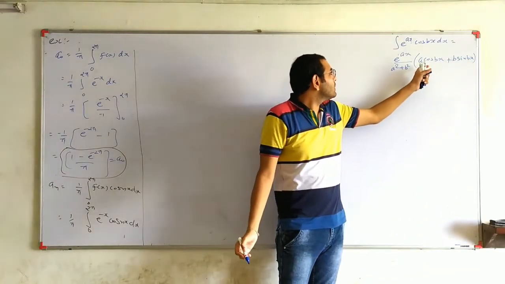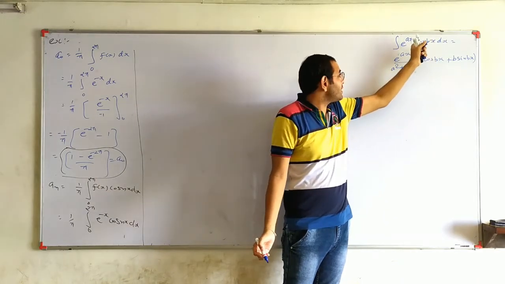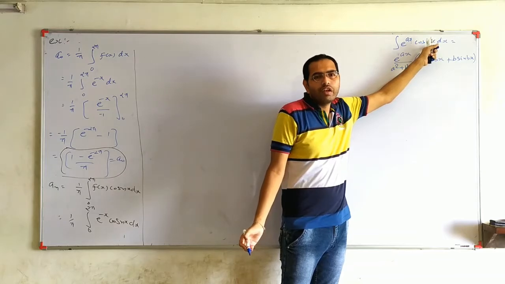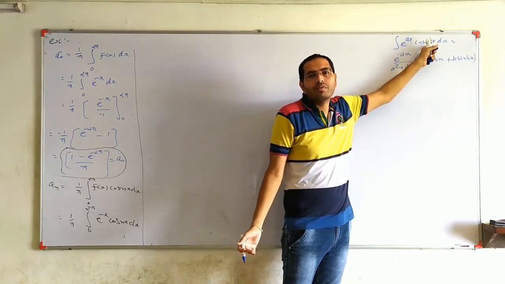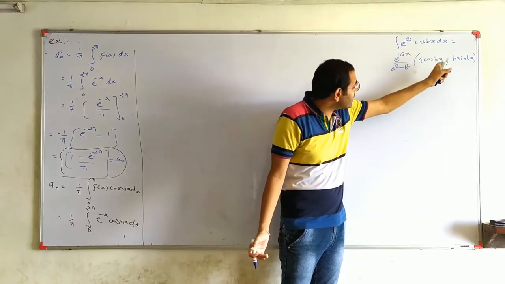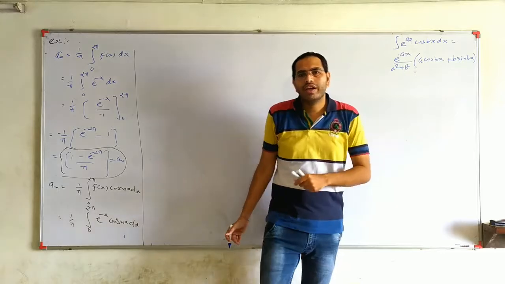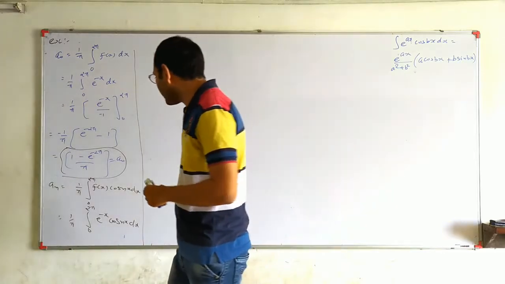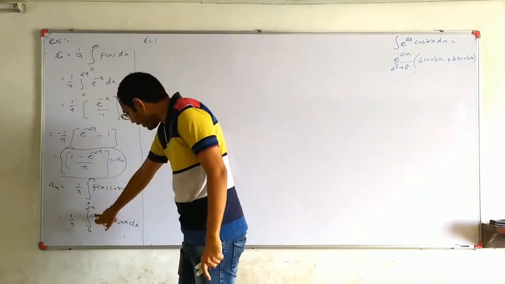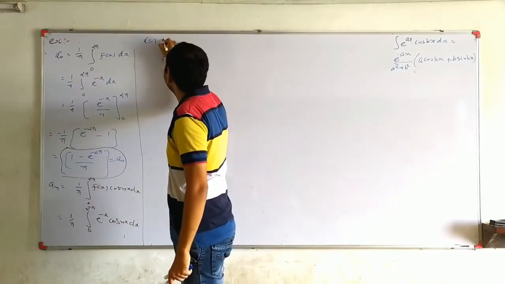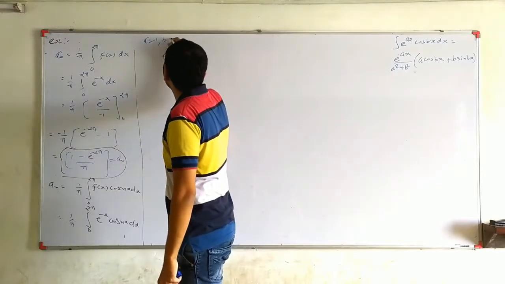Since we have the exponential multiplied by cos as well as the exponential multiplied by sine, we cannot go for integration by parts or Bernoulli's rule. We must use this formula to solve exponential function type examples. Here the value of a equal to minus 1 and b equal to n.